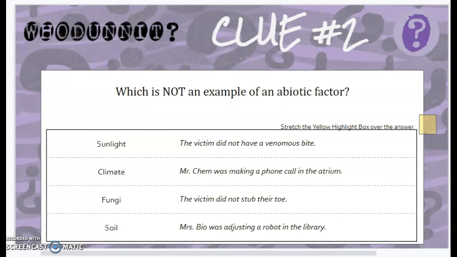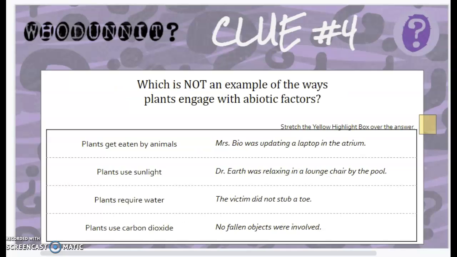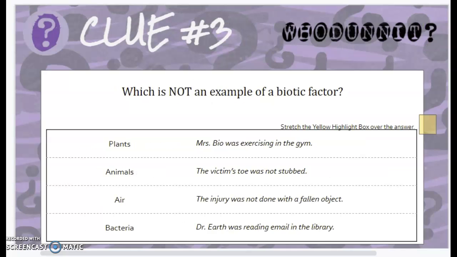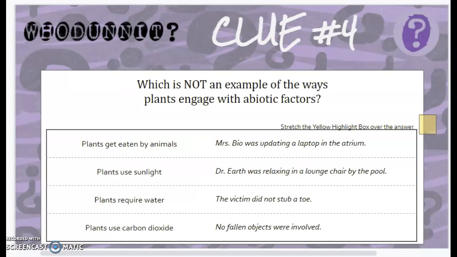Sunlight, climate, fungi, soil. Clue 3, which is not an example of a biotic factor? Plants, animals, air, bacteria. Which is not an example of the ways plants engage with abiotic factors? Plants get eaten by animals. Plants use sunlight. Plants require water. Plants use carbon dioxide.